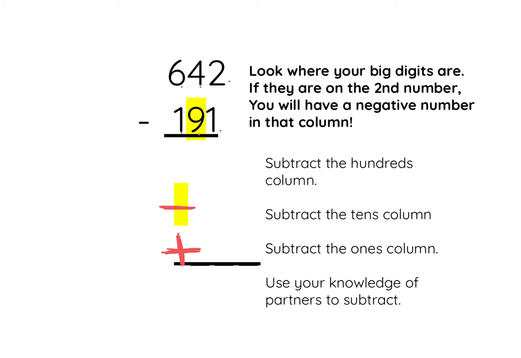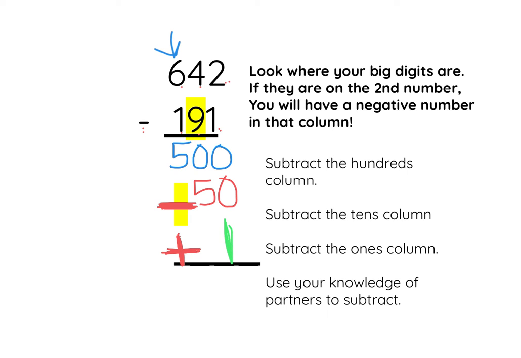So subtract the 3 columns. 600 minus 100 equals 500. 40 subtract 90 equals negative 50. And then 2 minus 1 is a positive 1.